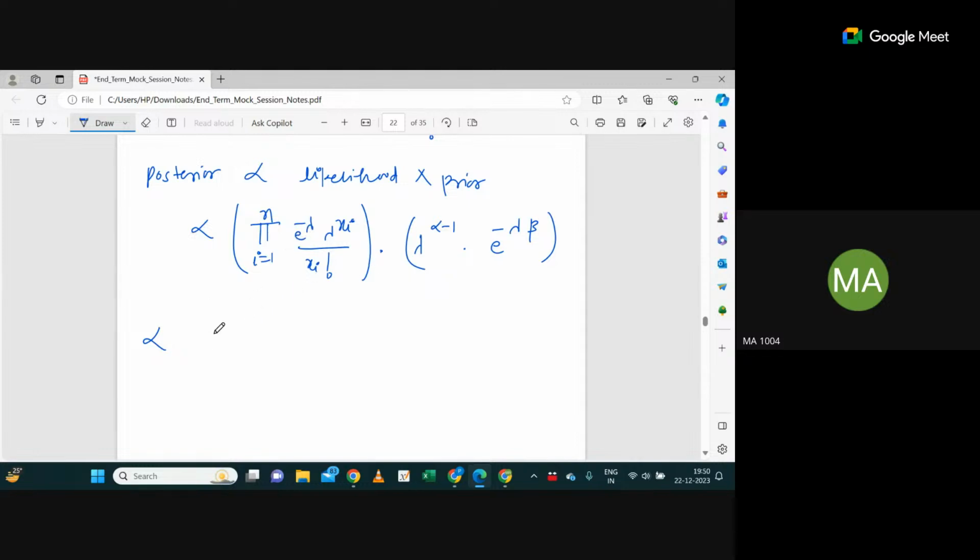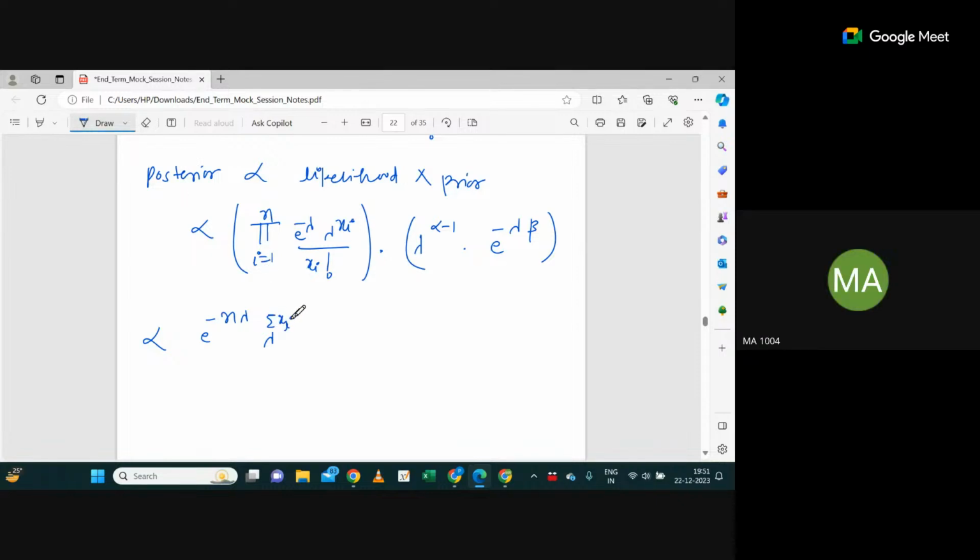Then you will get e raised to minus n lambda, here 10 lambda. I'm talking about it in general. Then lambda raised to x1, into lambda raised to x2, up to lambda raised to xn. Basically we can add the powers: x1 plus x2 plus up to xn, so it will be the summation of xi.